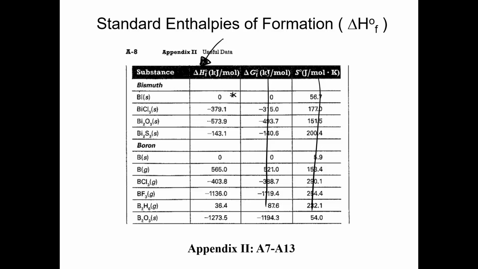So bismuth is a solid in its natural phase, and boron is also a solid, not diatomic, in its natural phase. So it gets a value of 0. If you go to hydrogen, it'll be H2 in the gas phase. Oxygen, it'll be O2 in the gas phase. Iodine would be I2 as a solid, and so those exist. Those all get the values of 0.